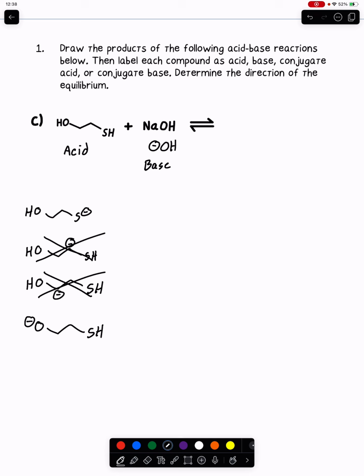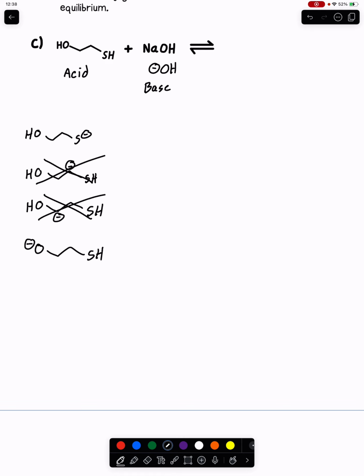Now, oxygen is probably a little bit more electronegative than sulfur, so you might think oxygen's going to handle the negative charge better. But we have to keep in mind there are other things that stabilize negative charge: things like induction, electronegativity, resonance, hybridization, and atom size is also a factor. Here, sulfur is larger than oxygen. I'm going to depict that here.